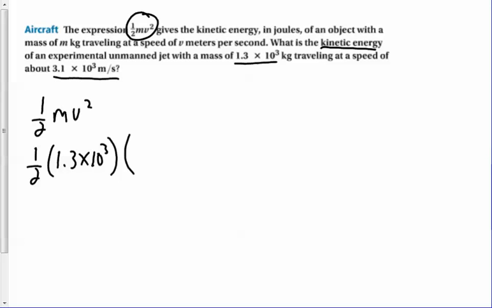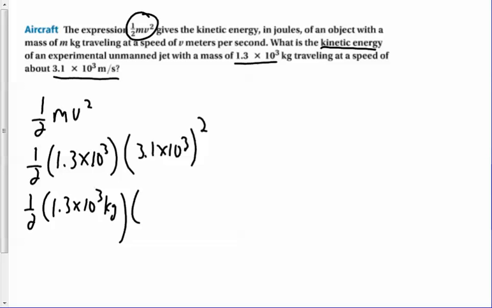All right, it's traveling at 3.1 times 10 to the third, and they're going to square that. Now I actually want to rewrite this. This is 1/2, and this is 1.3 times 10 to the third, and I guess that's kilograms. And then this is 3.1 times 10 to the third, and that's meters per second, and that's squared.